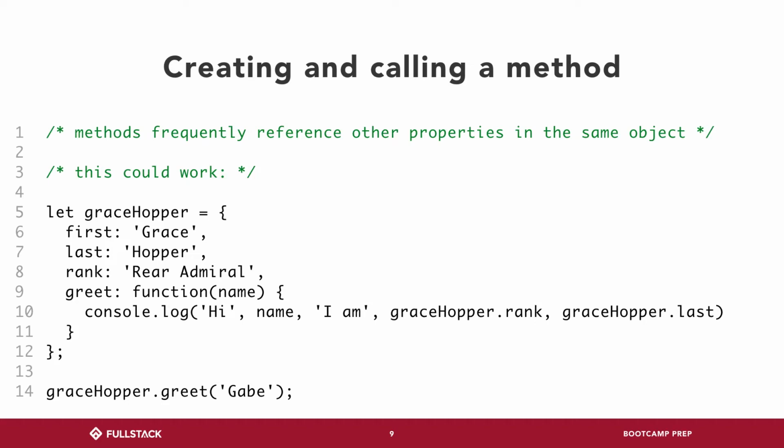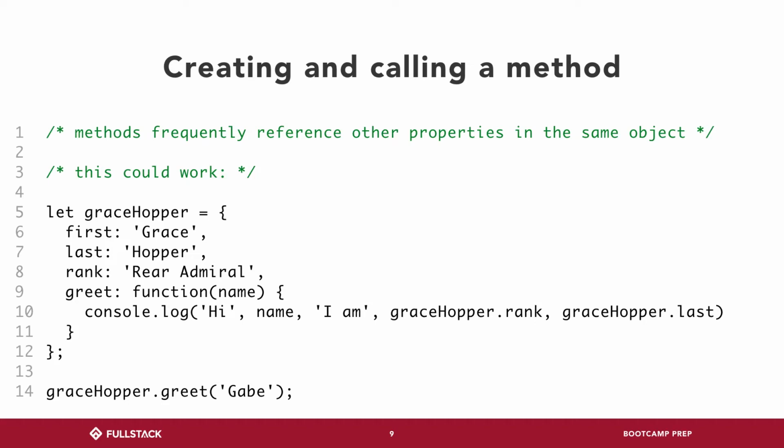Out of curiosity, could someone give me another way to access the properties Gracehopper's rank and Gracehopper's last name? Yeah, this is one of them. I wanted to connect it back to the lecture you had yesterday, where you talked about the difference between bracket notation and dot notation, but you're already way ahead of me.